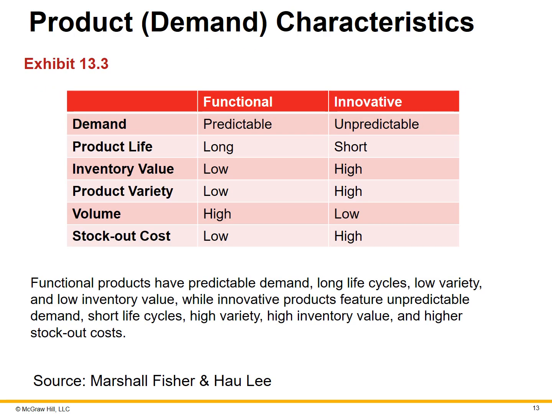So in the next slide we will take a look at the characteristics of product and process. Product wise, we have thought about functional and innovative products in the previous two slides. Whether it is predictable versus unpredictable, product life long versus short, inventory value low versus high, like that.